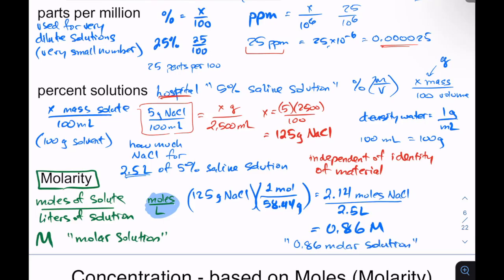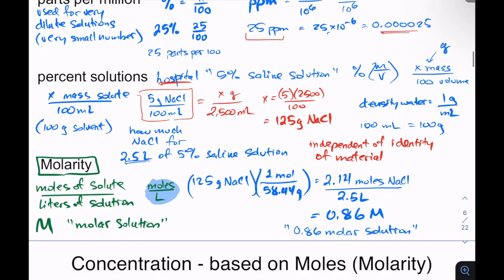And I can also interpret that to tell me that there are 0.86 moles of NaCl present in every liter of solution. Okay? So now we can count the number of moles of what we have based on the volume. Using this, now molarity is a conversion factor.